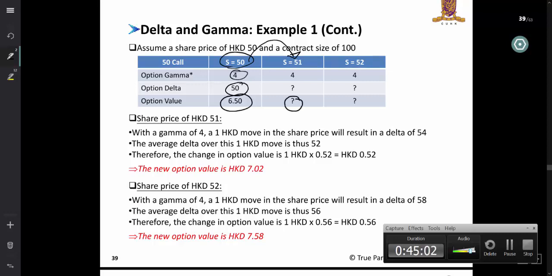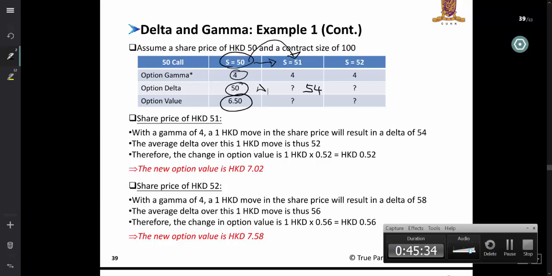Now you don't know that to start with, but what you can tell is that the moment the stock price goes to 51, I know the delta, the option delta will be how much? Thank you, 54.